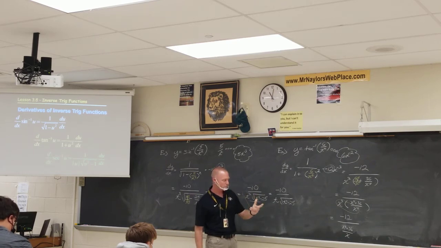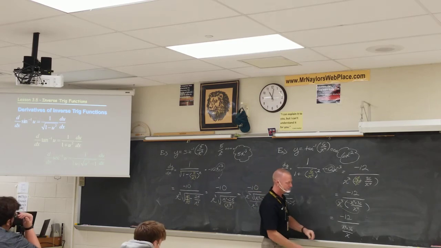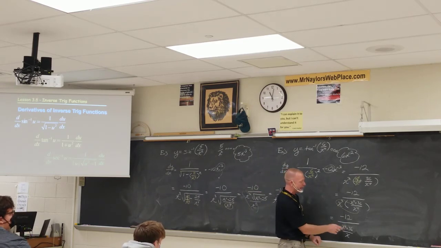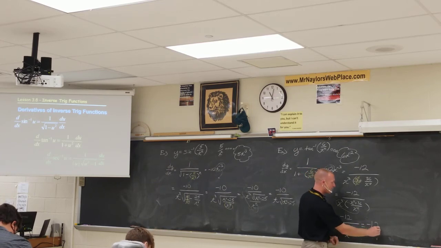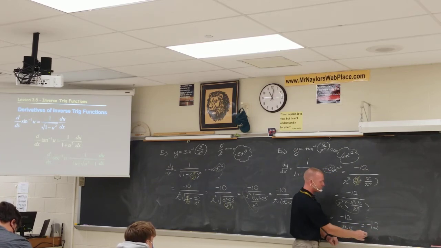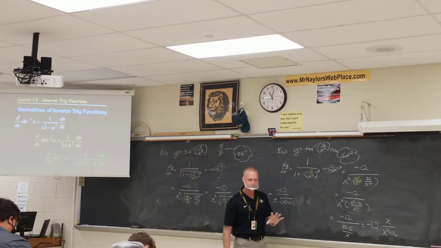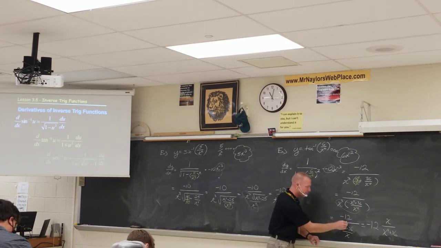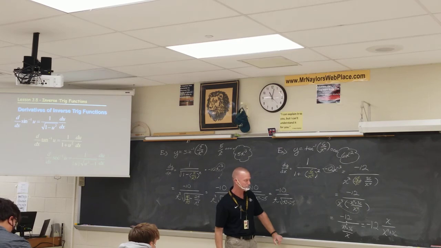How much have you guys worked with fractions within fractions? Sometimes not much, sometimes a little bit. Negative 12 divided by that fraction is the same as negative 12 times the reciprocal of that fraction. Now, the reciprocal of that fraction would be x over x to the 4th plus 36. What I just did was take this division problem and turn it into a multiply by the reciprocal problem.